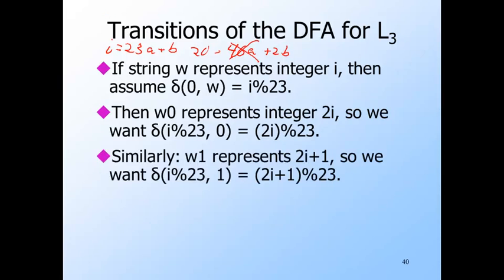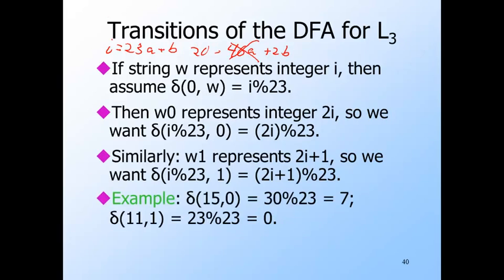For the same reason, when a 1 arrives at the input, we can go from state i to the state that is the remainder of 2i plus 1 when divided by 23. For example, twice 15 is 30. So from state 15 we go to the state that is the remainder of 30 divided by 23, or state 7, when the input is 0.